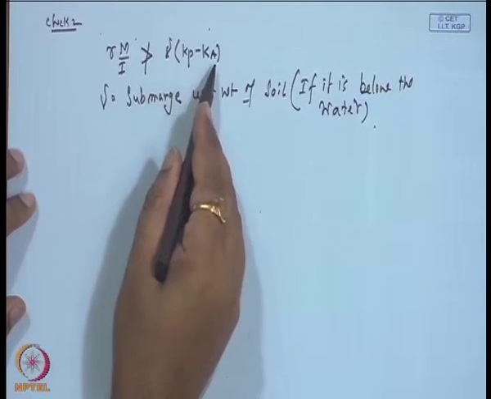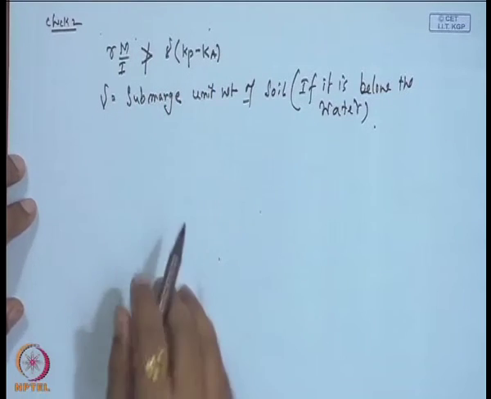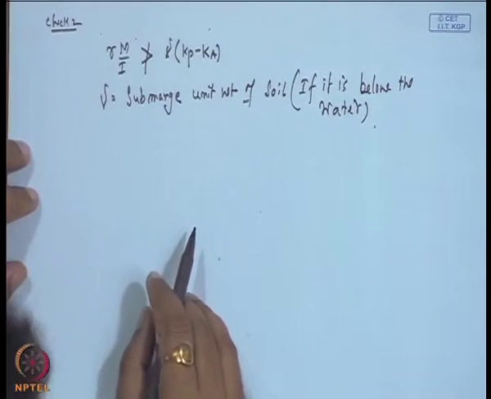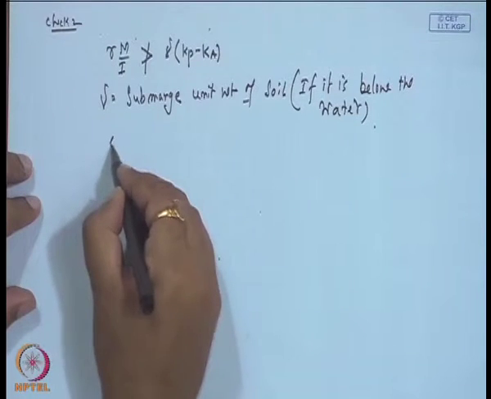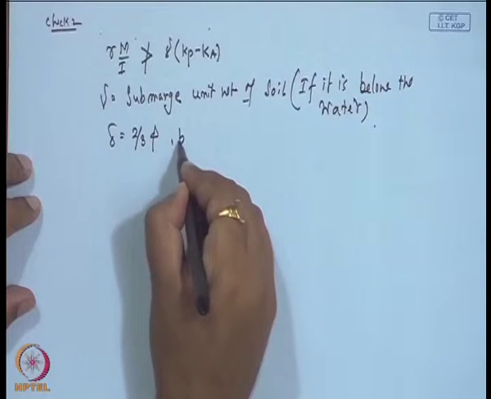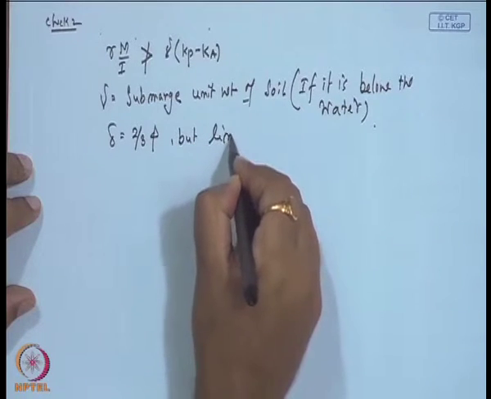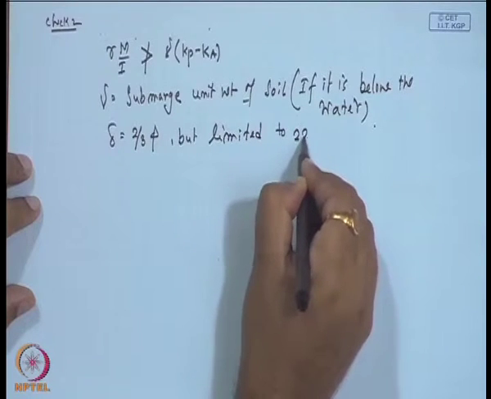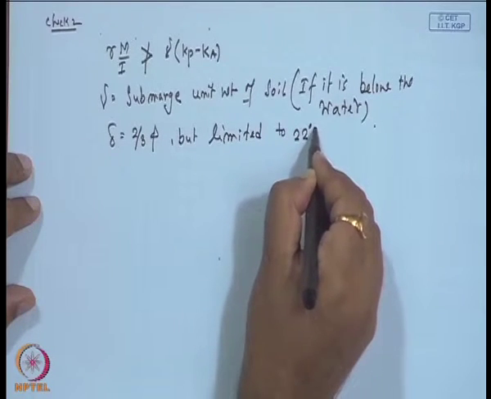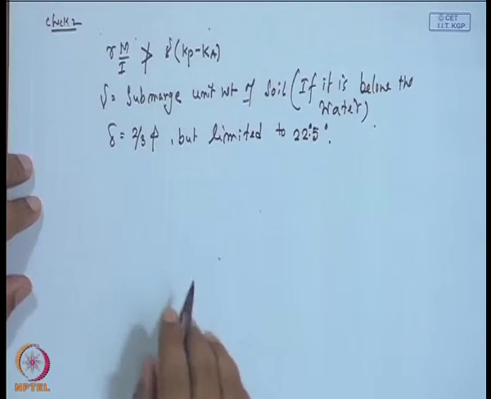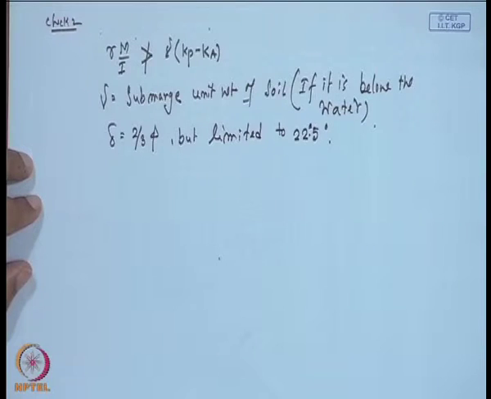And K p and K a are the passive and active earth pressure coefficients, which can be determined based on Coulomb's theory, and delta we can take as 2/3 of phi, but limited to 22.5 degree. So, this is the second check we have to perform.